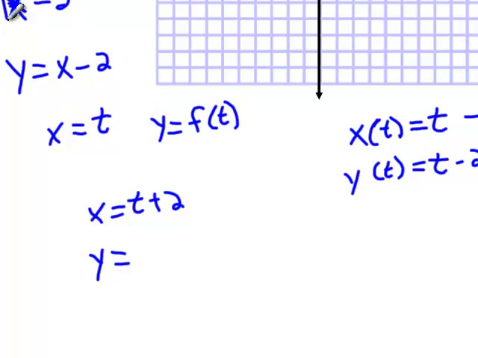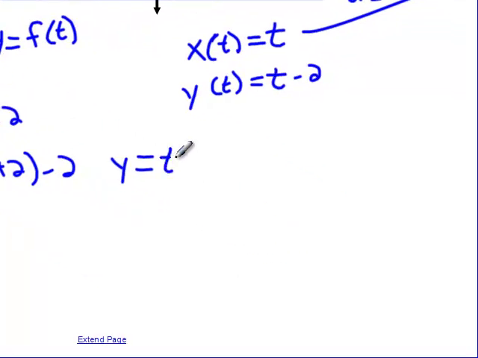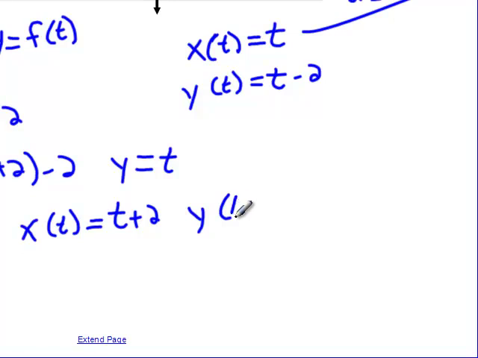We know that is the equation 1x minus 2, so we plug t plus 2 in for x, put a 1 in front of that, minus 2. You see I'm replacing this with my x, and that gives me y equals t. So here's another answer: x of t equals t plus 2, and y of t just equals t. And this would go from 0 to 5.